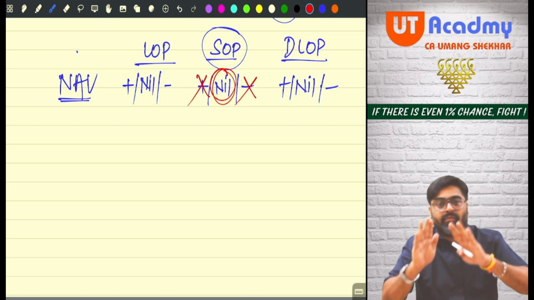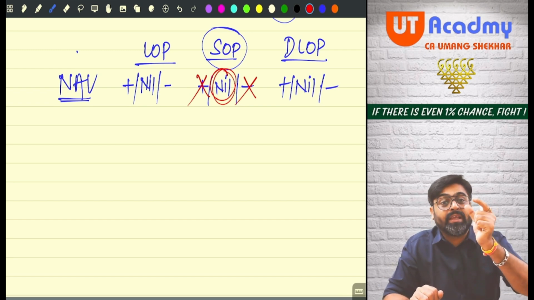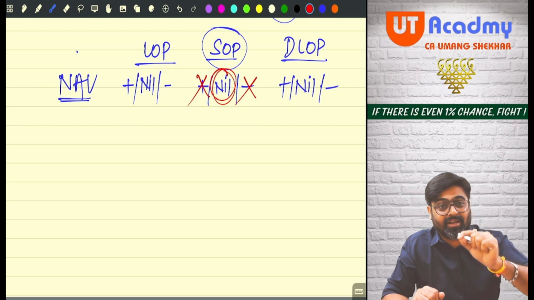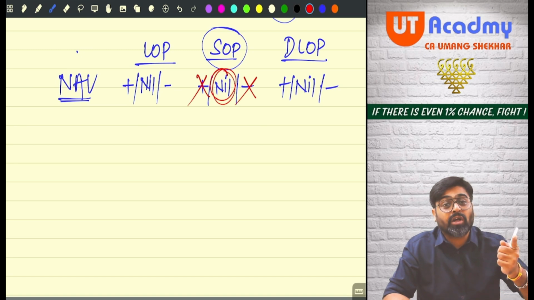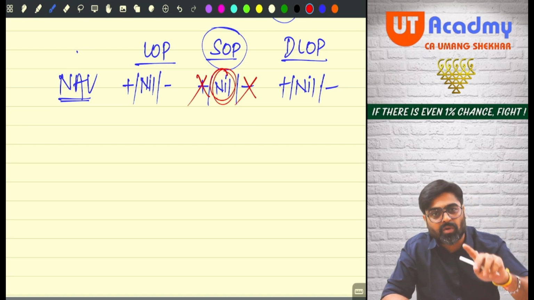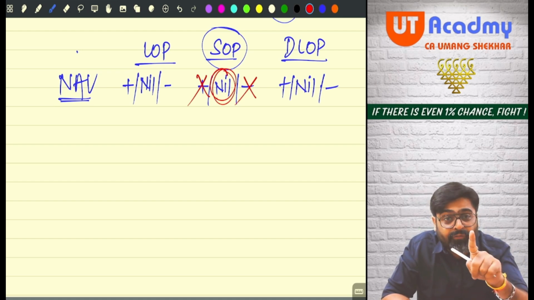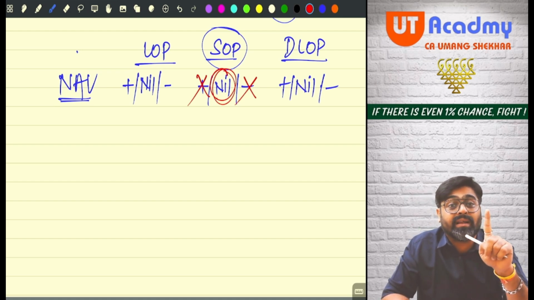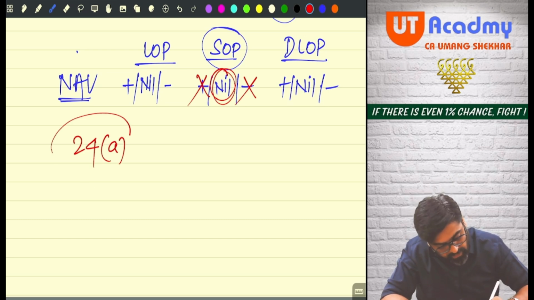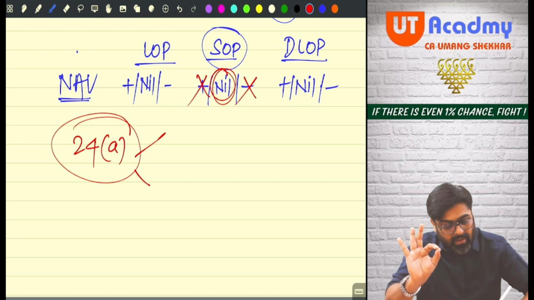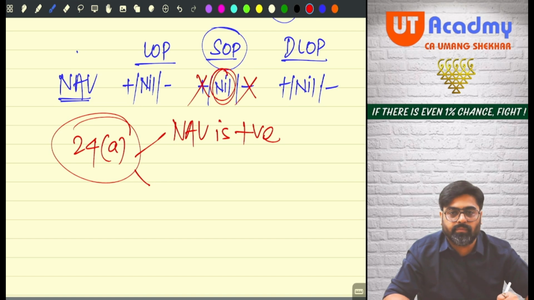Now, once your NAV is positive, then only you will get standard deduction under section 24 clause A, because the standard deduction under section 24 clause A is not available if your NAV is negative or nil. So 24 clause A standard deduction is available only if NAV is positive.